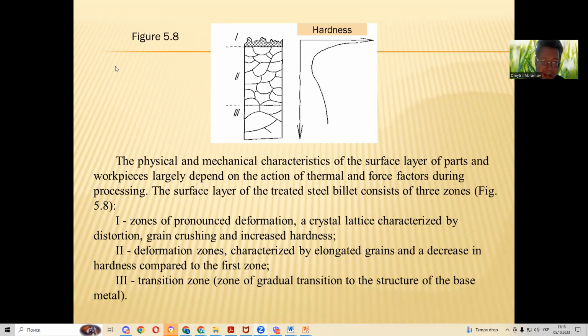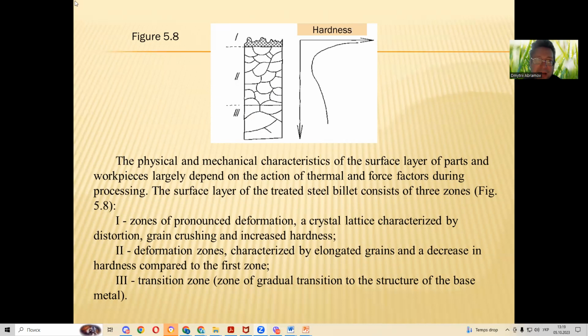The physical and mechanical characteristics of the surface layer of parts and workpieces largely depend on the action of thermal and force factors during processing. The surface layer of the threaded steel billet consists of three zones.